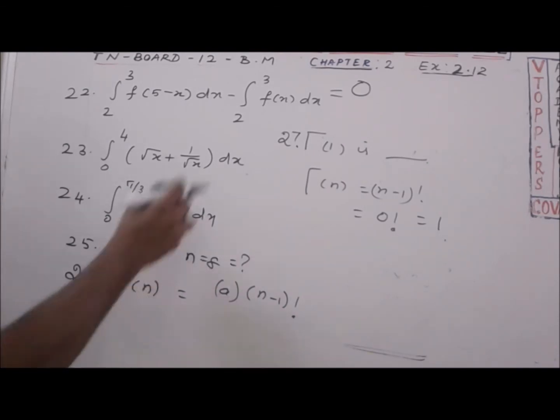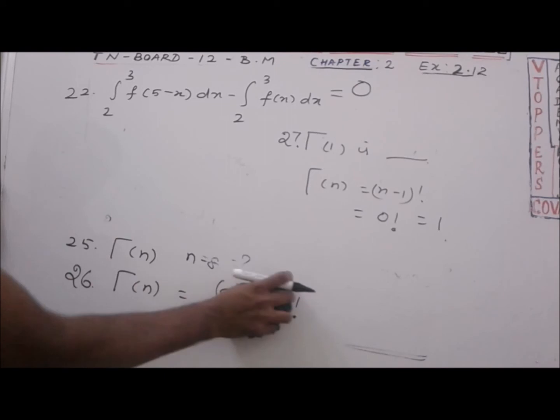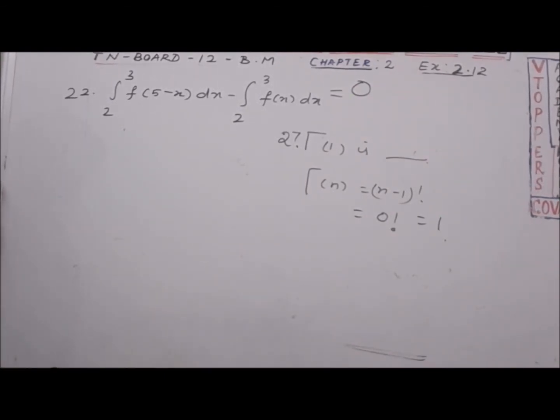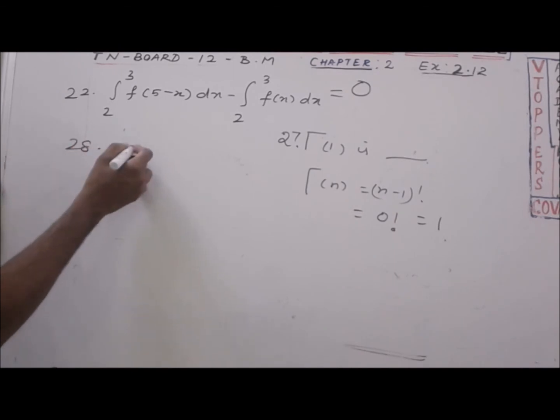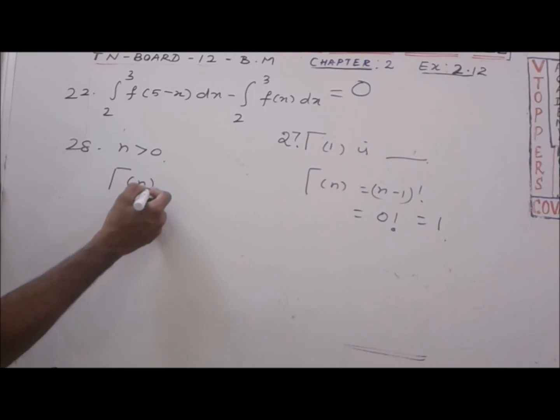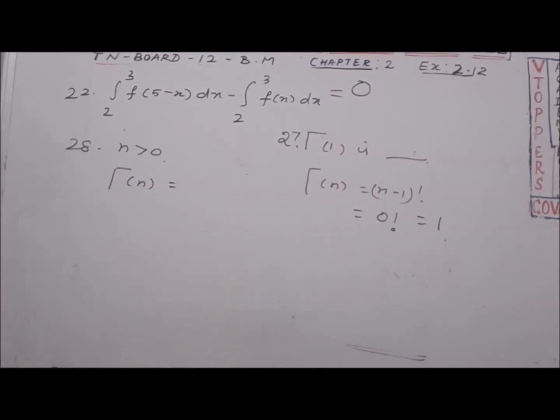And then question number 28, if n greater than 0, then gamma of n is, that is the formula here.